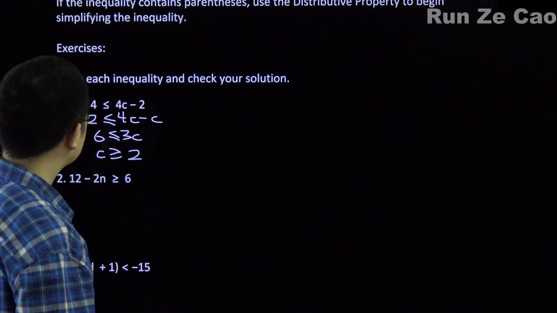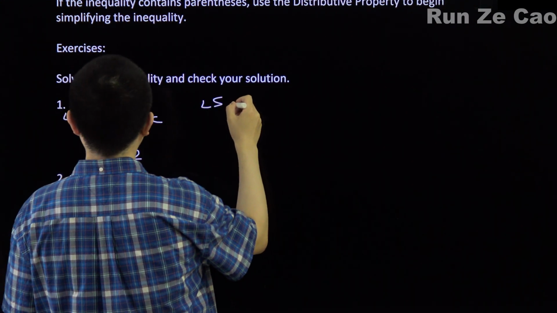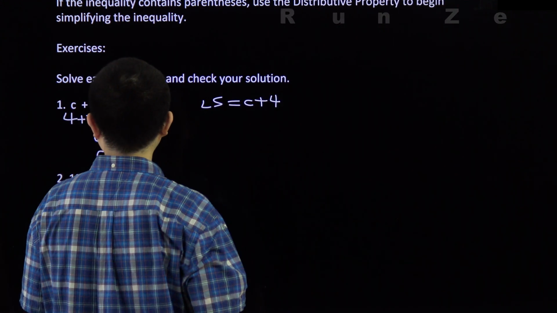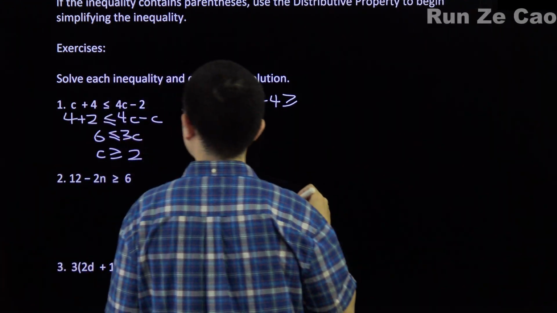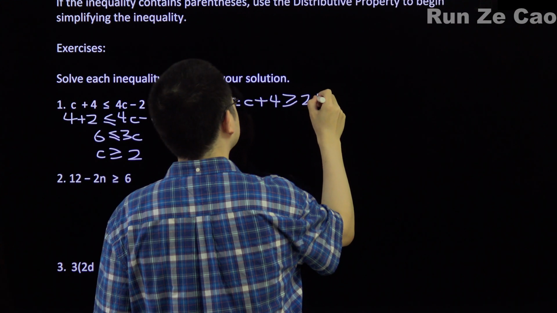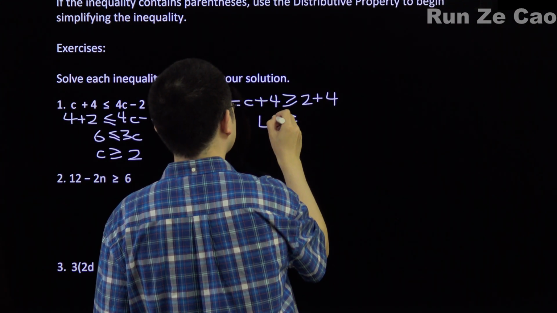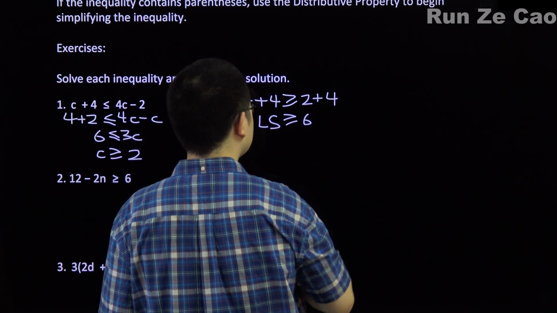Now checking our solution means left side is equal to c plus 4, which is greater than or equal to 2 plus 4. So left side is greater than or equal to 6.